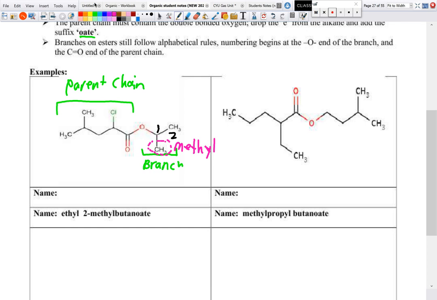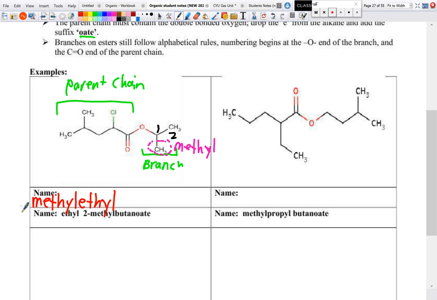We name our methyl first. Normally it'd be methyl ethane, because we have a two carbon chain. But because we classify this one as a branch, we're not going to call it methyl ethane; we drop the ane ending, and remember all branches have a yl ending. So we're going to end up calling this one methyl ethyl.